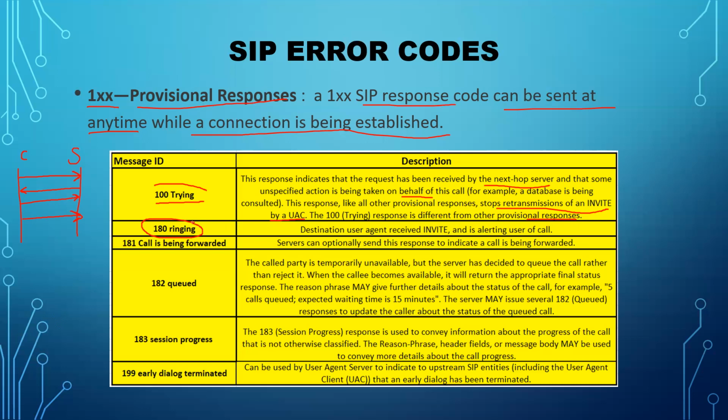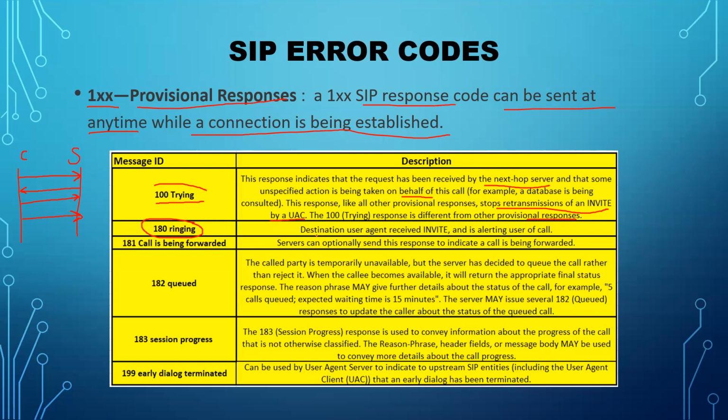180 Ringing. What does 180 Ringing say? As the name suggests, ringing. It will notify the client to ring a call, right? That means your client will hear a ringing tone in the phone, like the call is ringing on the other end. That is 180 Ringing.